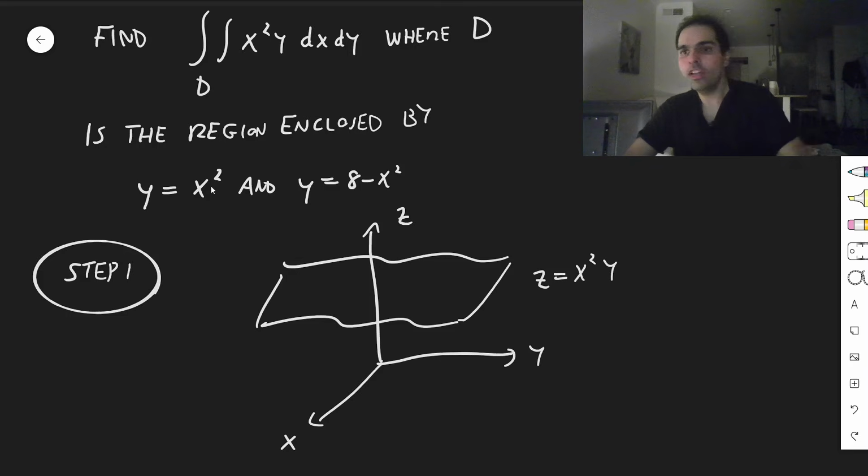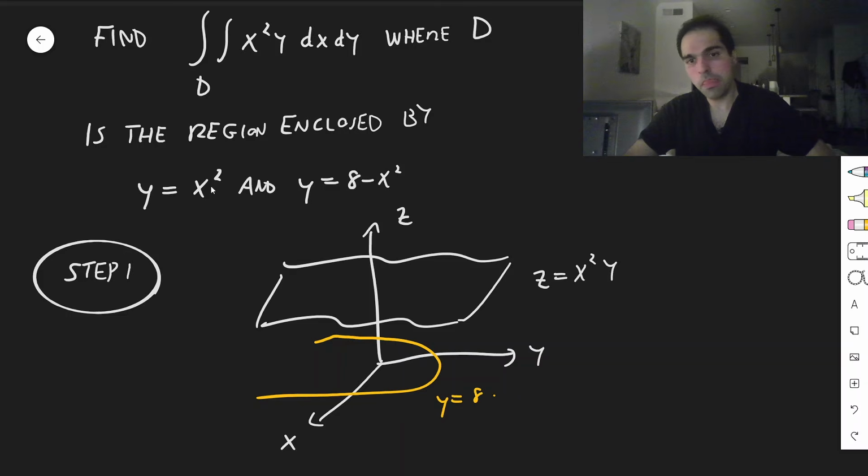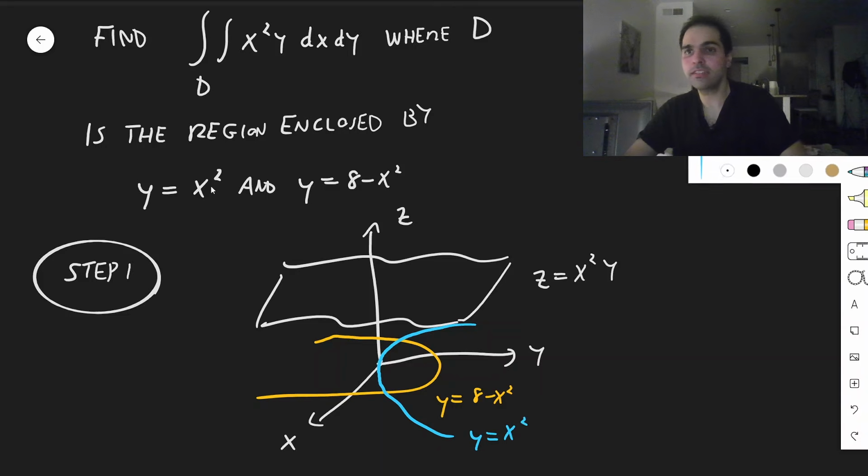And below, you have the two parabolas, 8 minus x squared, which maybe looks something like that, and the parabola y equals x squared, maybe something like that here. And notice those two parabolas enclose a certain region D.